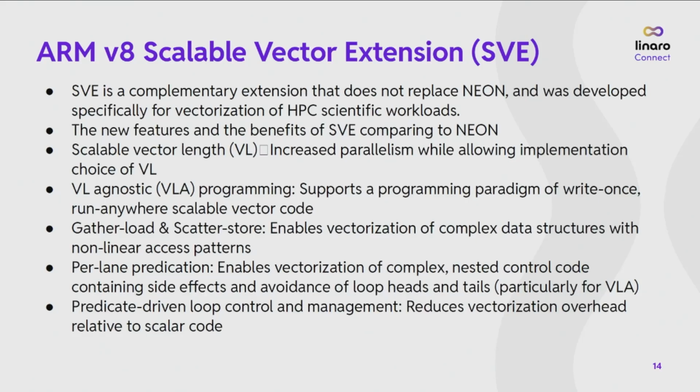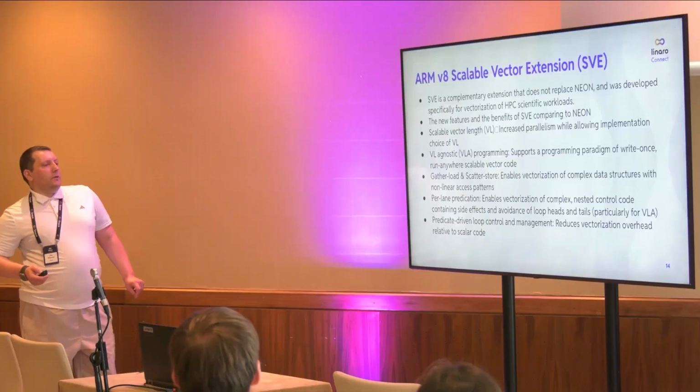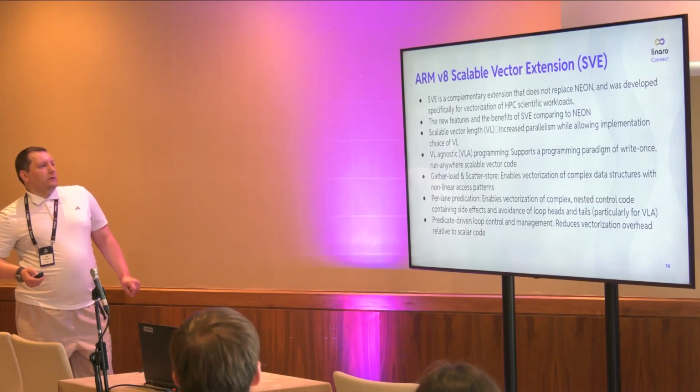Then I want to introduce SVE, which is the Scalable Vector Extension, which was introduced with the ARMv8 processor architecture. SVE is a complementary extension and does not replace NEON. It's an extra additional vector processing unit and was developed specifically for vectorization of high-performance computing scientific workloads.